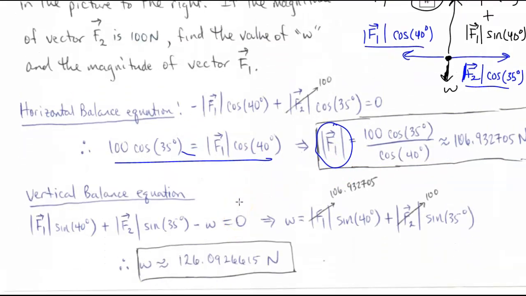I was given F2 to be 100, and I found F1 to be roughly 106.9. So all we have to do is substitute that in, do the math, multiplying it times the various cosine functions, and we see that the weight approximately weighs about 126.1 newtons.